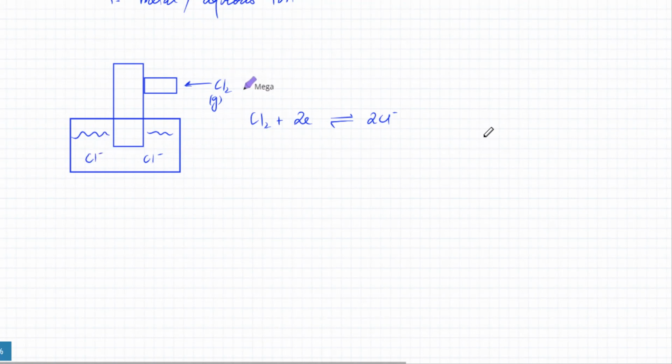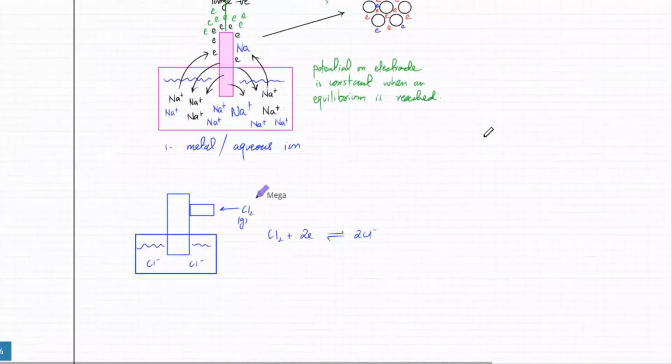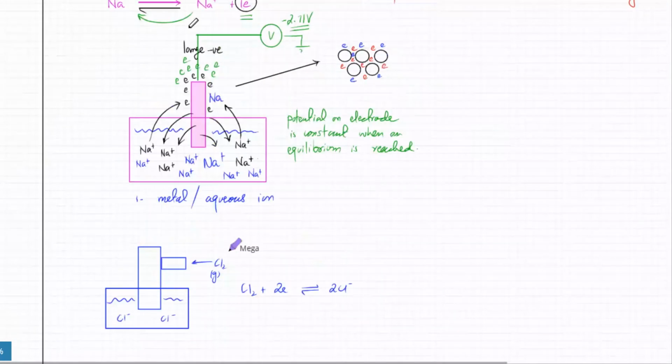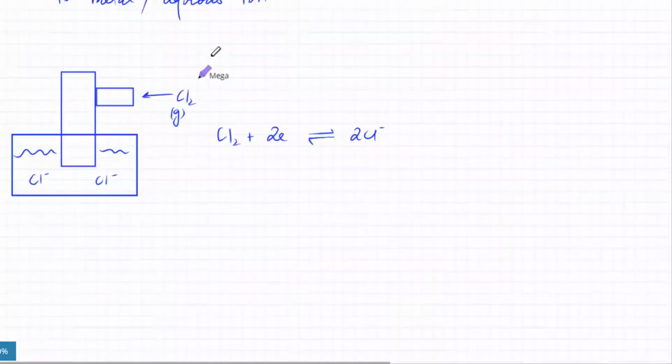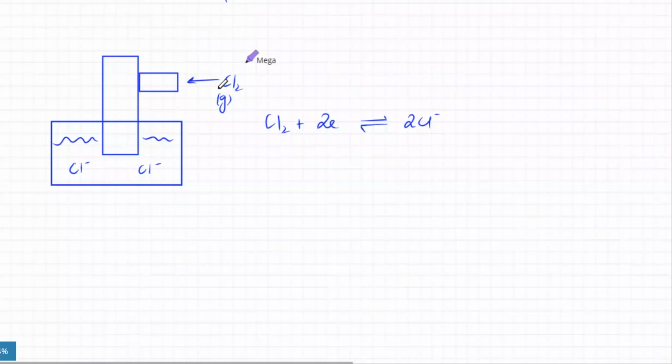Now, if Cl2, now there is no electrode. You need a source of electrons. If electrons were going to accumulate, there should be some metallic substance over here where the electrons would accumulate, right? In this case, both of them are non-metals. So if Cl2 really likes to gain electrons, where would it gain those electrons? There's no place for it to gain electrons.